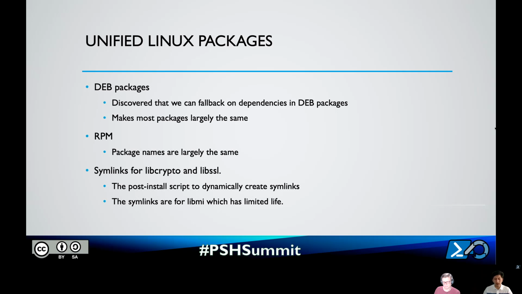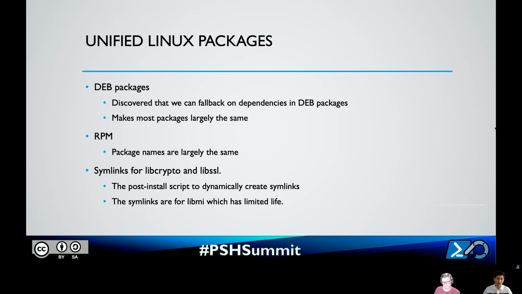Similarly, we have unified the package for RPM as well, for CentOS and Red Hat. The main difference between the packages is we have a dependency on libcrypto and libssl for libmi. Since there are different versions on each version of the OS, we create symbolic links. Currently we're creating symbolic links while creating the package.